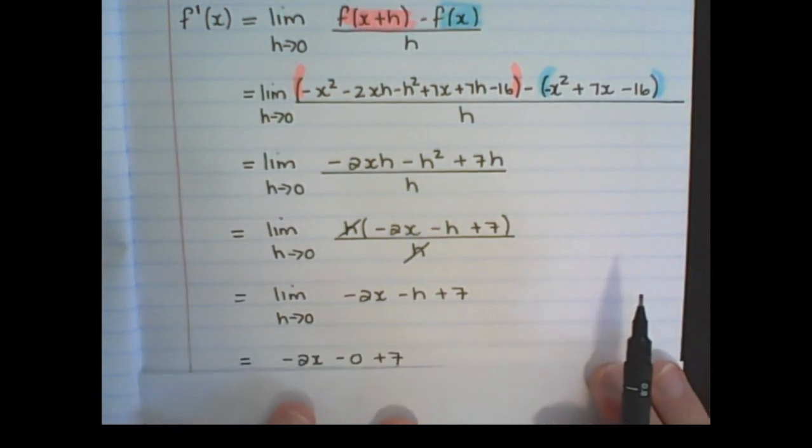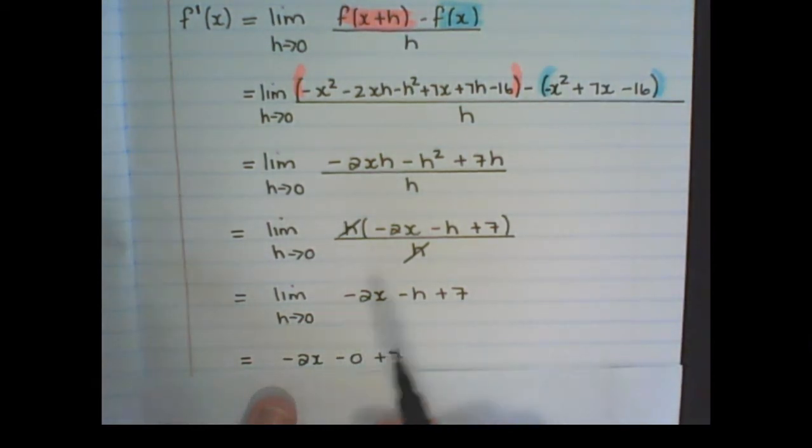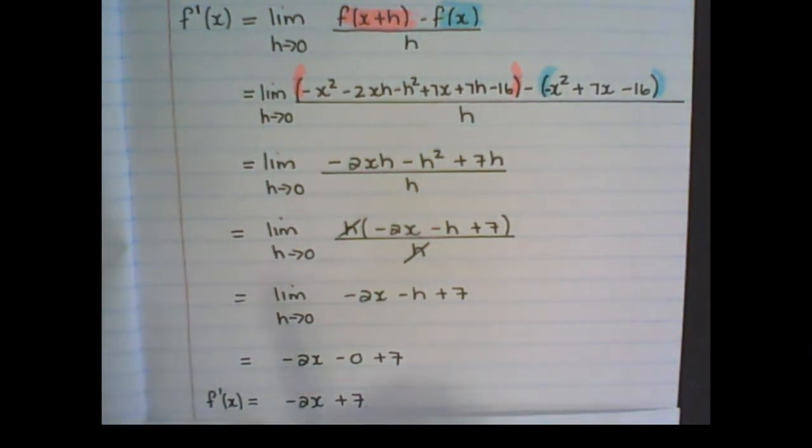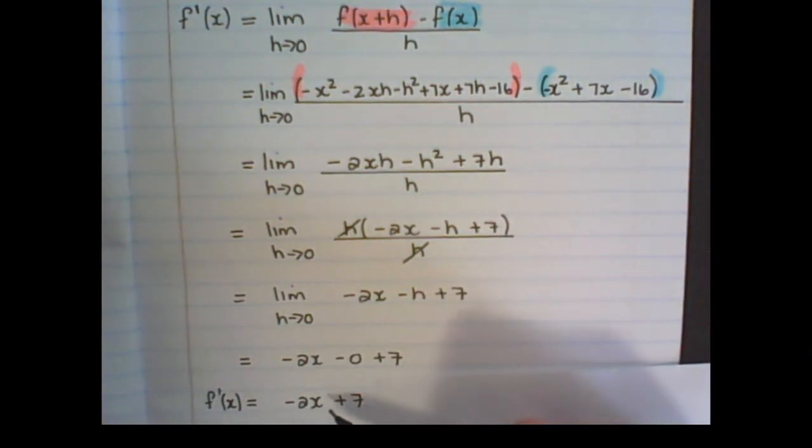Now it is valid to substitute h with 0, and that will become 0. So it's negative 2x plus 7. And this is the first derivative of the quadratic equation. This negative 2x plus 7 represents the formula for the gradient of the tangent to the curve at any point x.